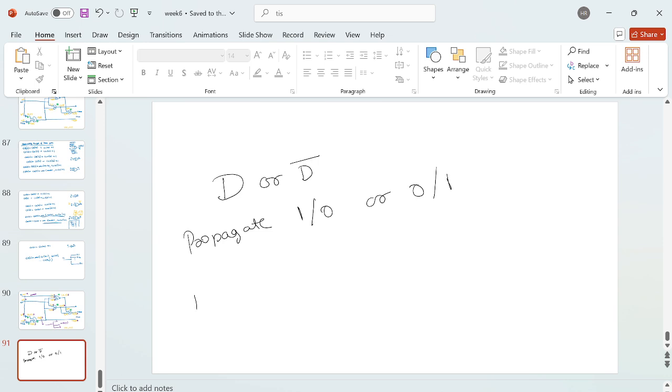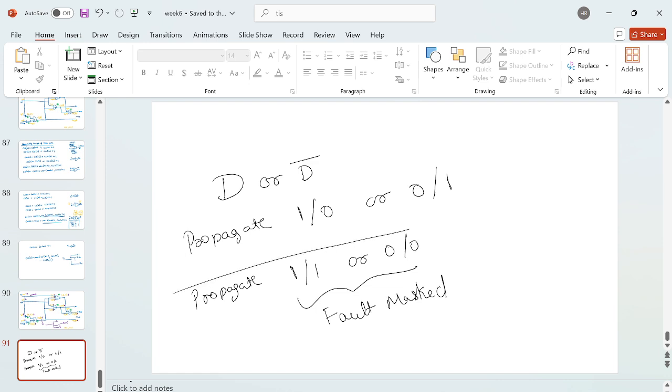If we propagate through one path and observe that the output has changed to 1 1 or 0 0, that means the fault is masked. So the non-controlling values are the values which allow the output to be either D or D bar. Inversion is also allowed. It should not mask.